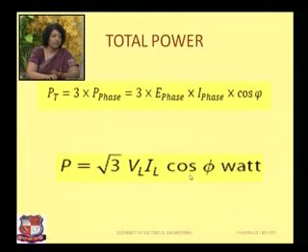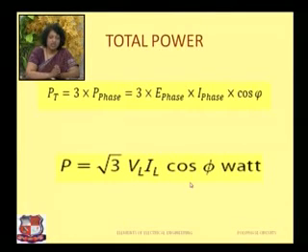Similarly, in case of delta, what will we do? 3 into E_ph. In case of delta, phase voltage is equal to line voltage. So what will I put here? E_L or V_L, and I_ph is I_L by √3. So here I will put I_L by √3. Again 3 by √3 will give me √3 V_L I_L cos φ. Is it understood?